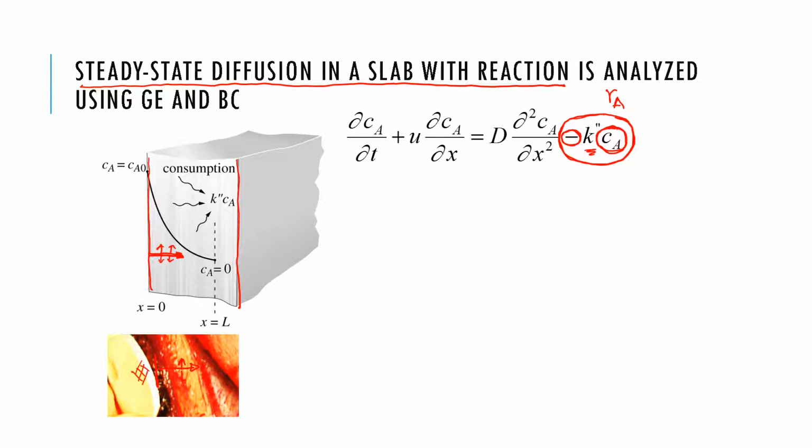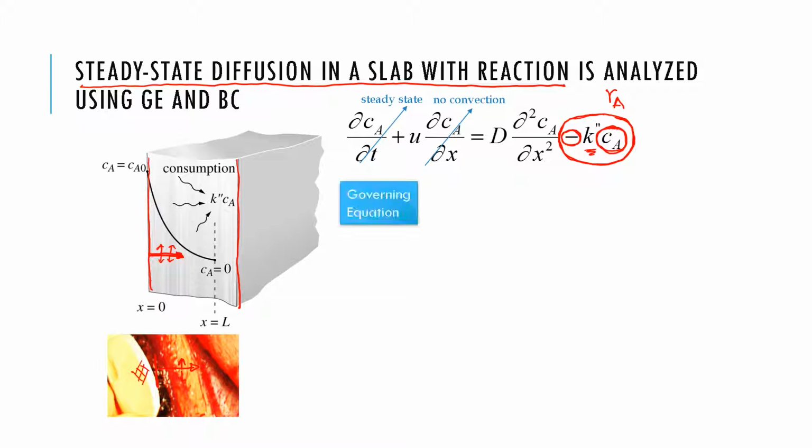Now, it's not an unsteady problem. It's a steady state problem that we want to look at. So then if it is steady state problem, the first term goes. Also, there is no flow inside the slab, so the second term also goes.